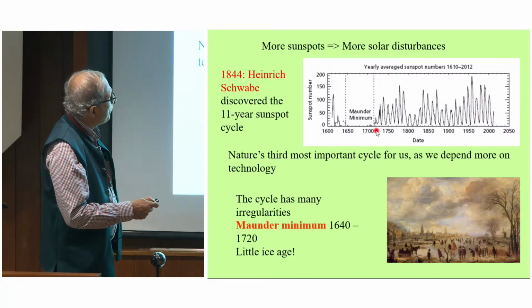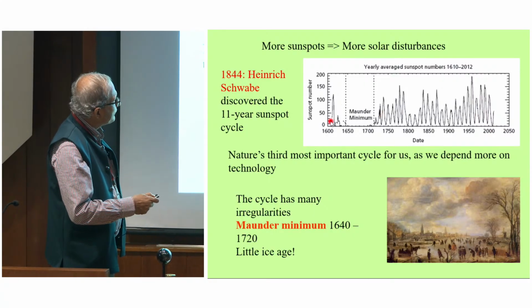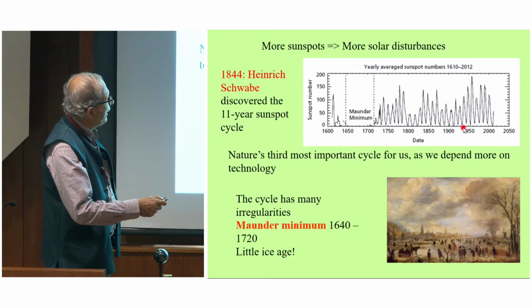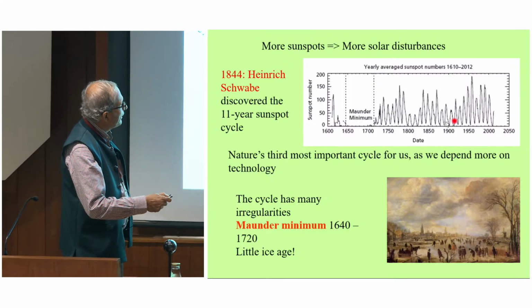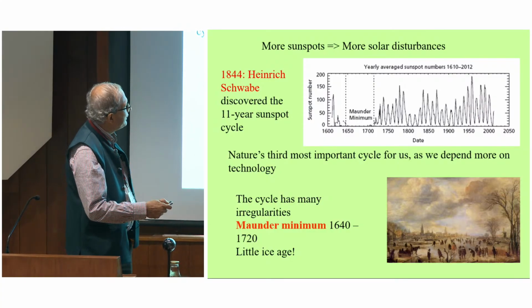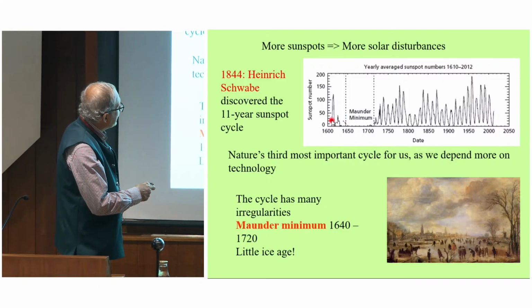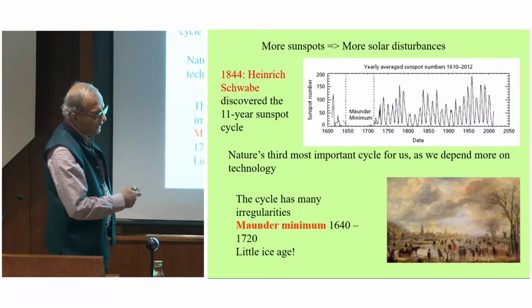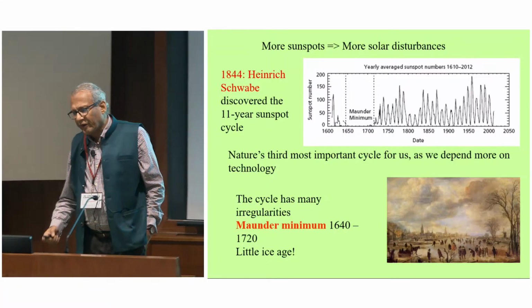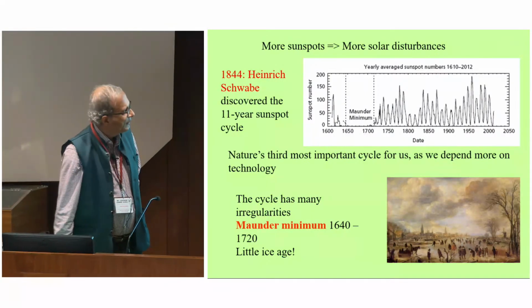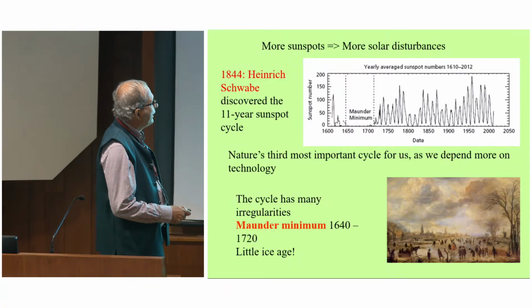So here is a plot of the number of sunspots seen on the sun as a function of time during the last 400 years or so. The early entries here just after the year 1600 were based on the records left by Galileo and some of his contemporaries.